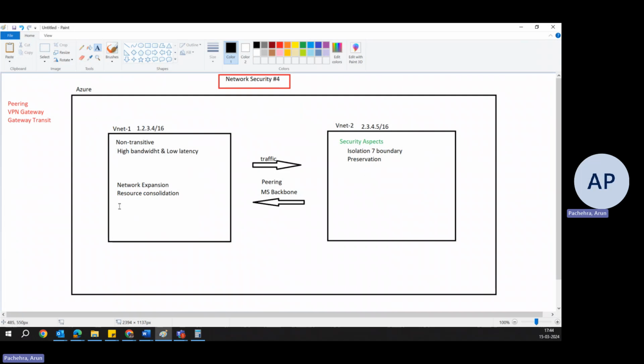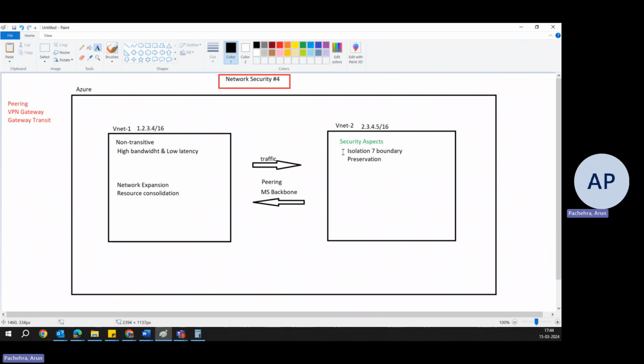Despite this connectivity and virtual networks 1 and 2 acting like one, I told you, it's crucial to note that each VNet still retains its distinct set of policies, configurations, and most importantly, its isolation. They're acting like a single network, but they have their own isolation. All right, what exactly it means, if you are wondering, let me help you understand.